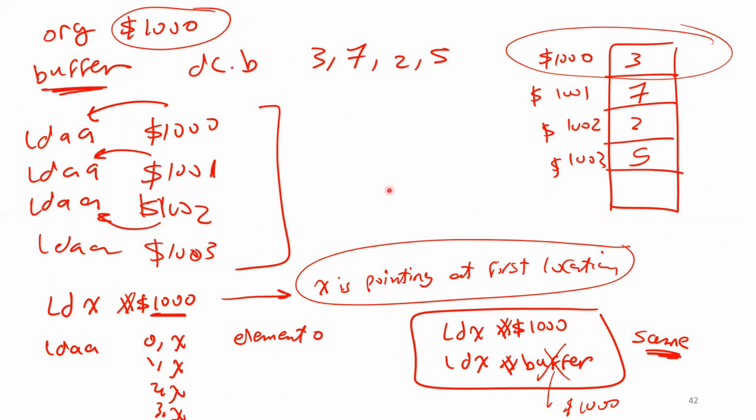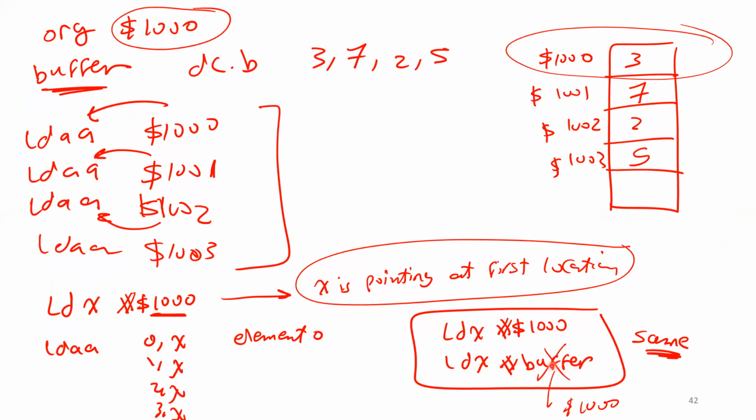As I said, the idea is you have to initialize x with the beginning address of the array, right? To initialize x is very easy. All you have to do is say load x hashtag, and then put the name of the array. Always we are going to do that.